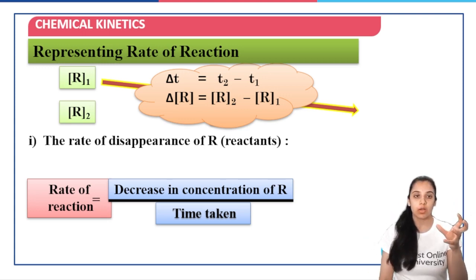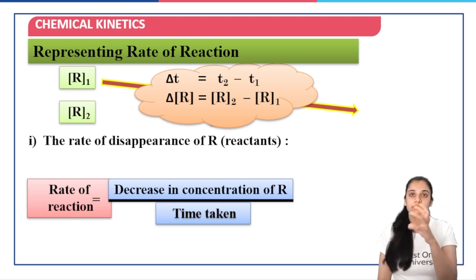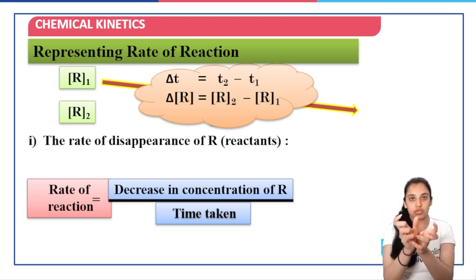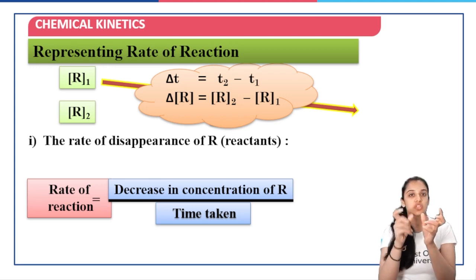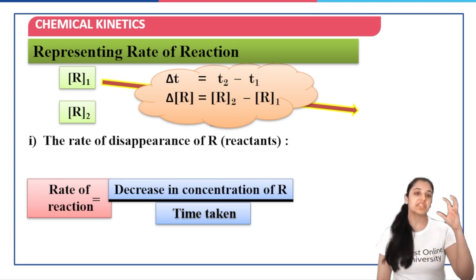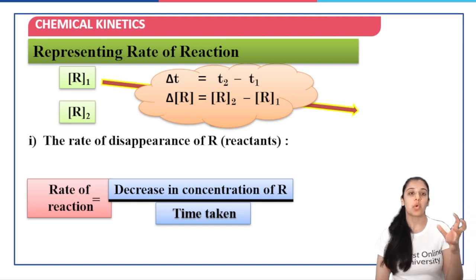Suppose the initial time was, say, 12, we start the reaction, and the reaction ends at 12:02. Okay, so 12:02 minus 12 is going to give me the time in which the reaction has taken place, that is delta T. So R1 is the initial concentration of the reactant, R2 is the, sorry, I'm so sorry, I said it wrongly initially. R1 and R2 are not two different reactants.